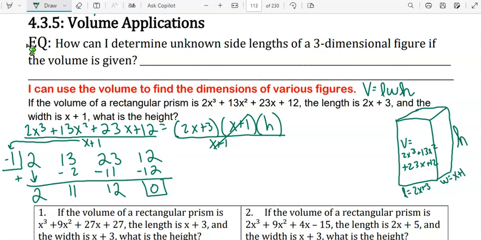So from here, we could go ahead and rewrite this side of the equation as 2x squared plus 11x plus 12, and that equals 2x plus 3 times h. Alright, let's see if we can factor this and have one of the factors be 2x plus 3.